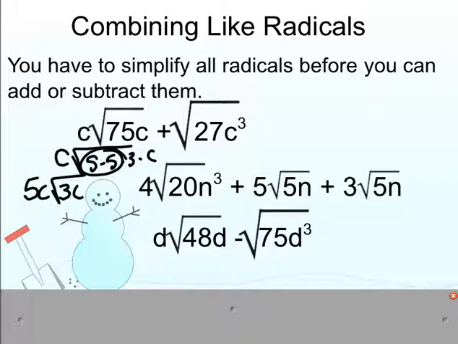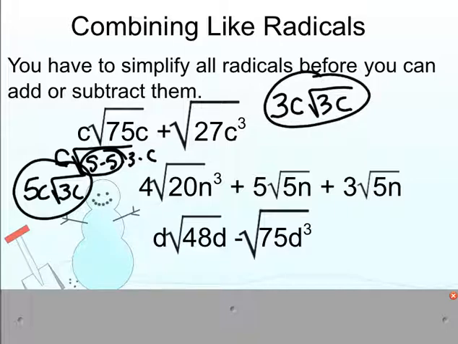And the second term, root 27c to the third, well, that means that we can take out, well, that's 9 times 3, and the square root of 9 is 3. And we can take out a pair of c's, so we have 3c root 3c. So altogether, this 5c root 3c and 3c root 3c, we get a total of 8c root 3c. In that case, we do have like terms, so we can combine them.